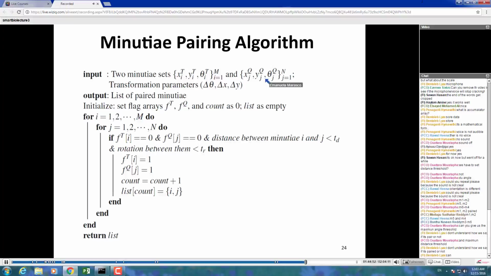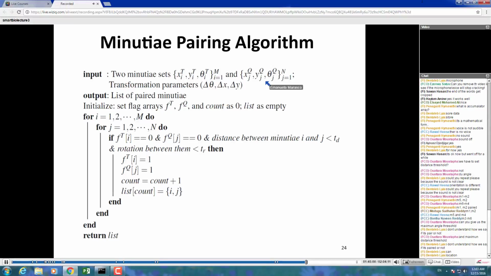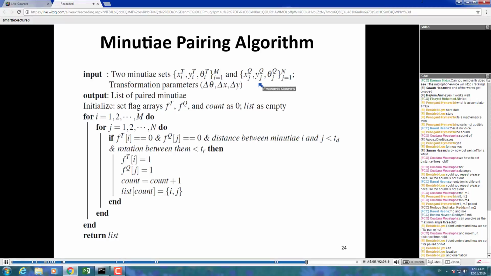And we can see the condition here. At the same time, the rotation between them should be less than an angle threshold. Visually, this is how the algorithm works. If these two conditions are verified for the pair of minutia that we are considering, because we have two nested for loops, then we increment the counter to count the number of paired minutia.